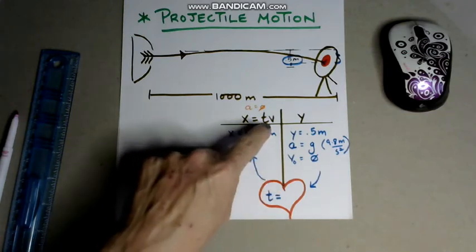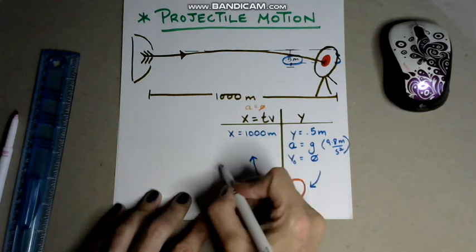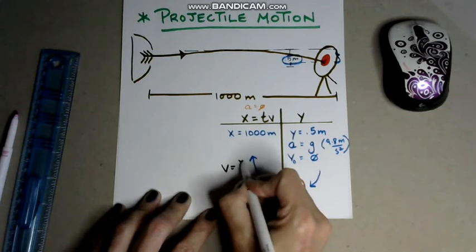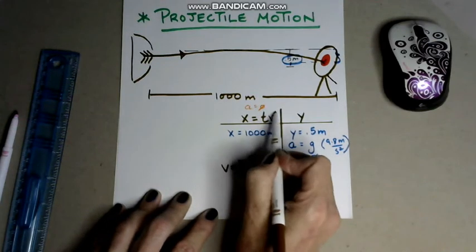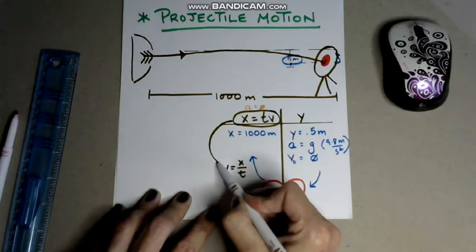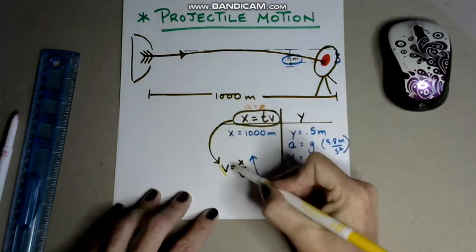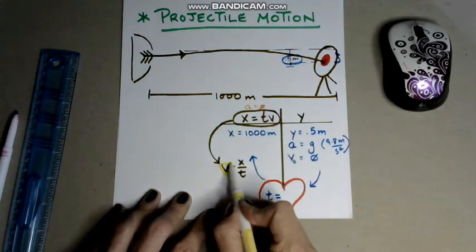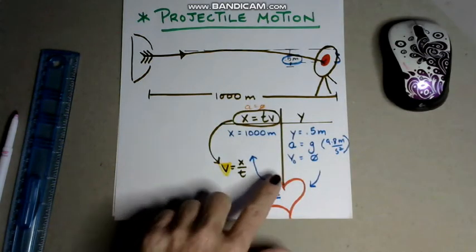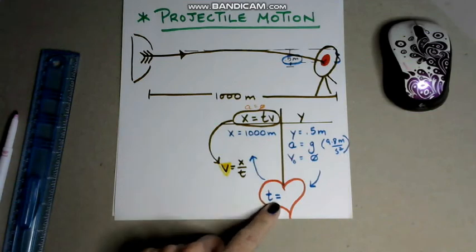What is velocity? I have x equals tv, but we know that velocity is distance over time. I can just manipulate that, because that's actually what we're trying to find in the end, the x velocity that I have to shoot it out with. Question is, how am I going to find time?